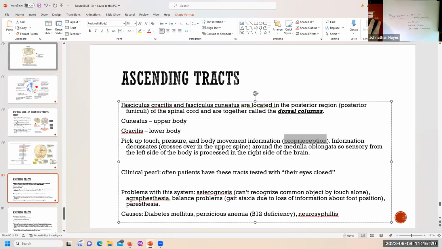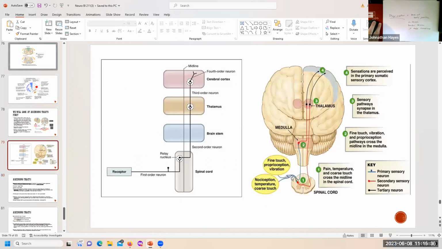But with all ascending tracts, information does decussate at some point. Most information from tracts decussates in the brain. So in this case, it's going to decussate around the medulla. So here's information coming along dorsal columns here. Here's the pons and medulla right here. Crosses over, that's decussation, to cross over.